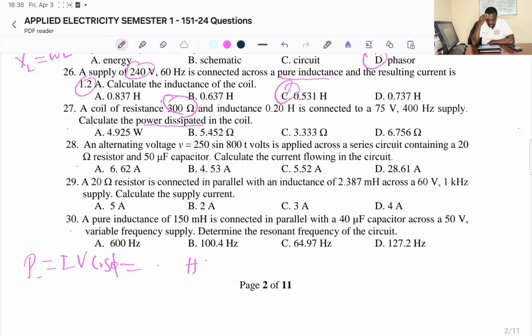So we have this formula here. This will be the power dissipated in the coil. So with this, I have to get the voltage, right? Okay. So to get this formula, right?